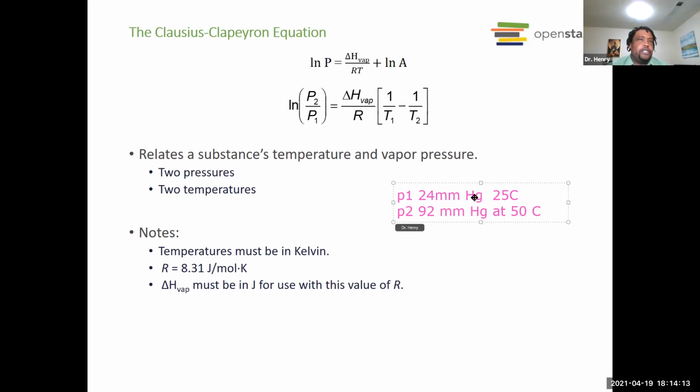This is basically a derivation from PV equals nRT, how they came up with this equivalent thing. Here, your R value is right here. This is the same R value that we use for gases. The only thing is it's been converted to a different unit, so it's joules per mole Kelvin instead of atmospheres liters per mole Kelvin.